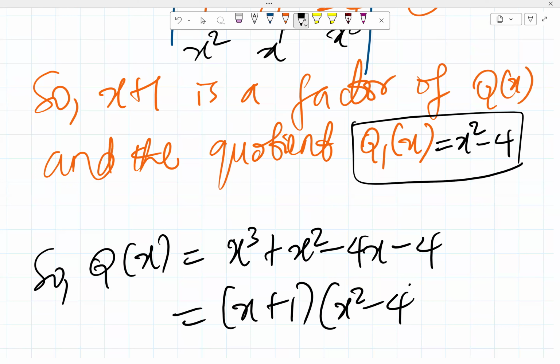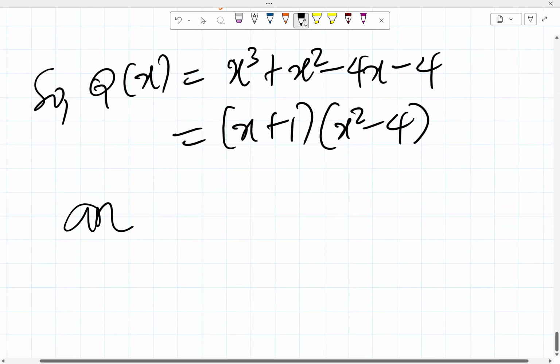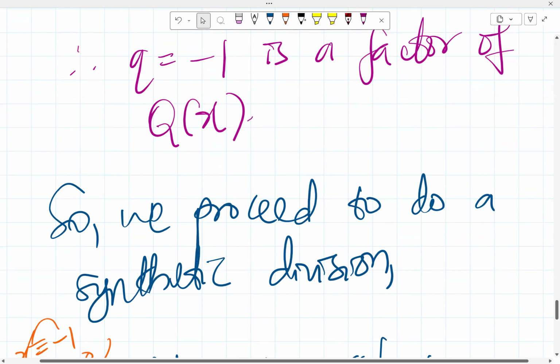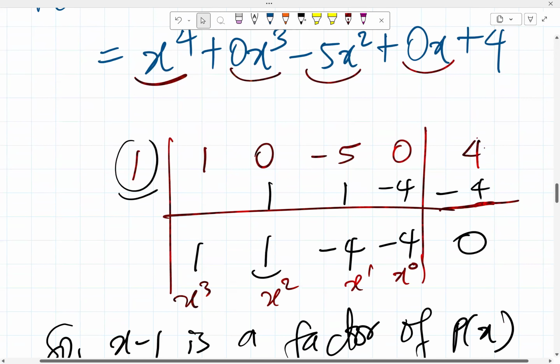Now, don't forget where we're coming from. The original place we are coming from is p of x, which is x raised to power 4 minus 5x squared plus 4. You can easily forget because it is lengthy. So the first thing we factored out was x minus 1, right?